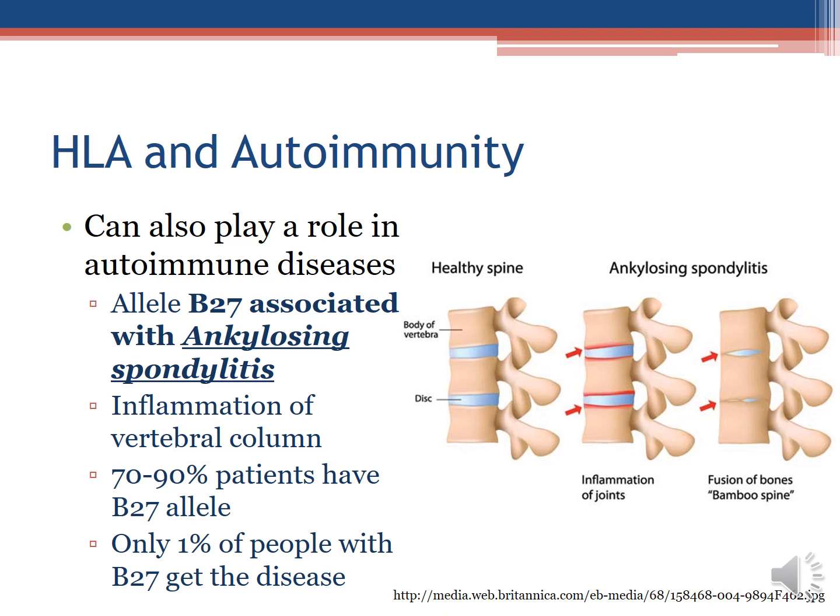Ankylosing spondylitis is basically inflammation of the spine. 70-90% of patients will have this B27 allele, but only 1% of that 70-90% will actually get that particular disease. So it's common, but it's not common, I guess, is one way to put it.